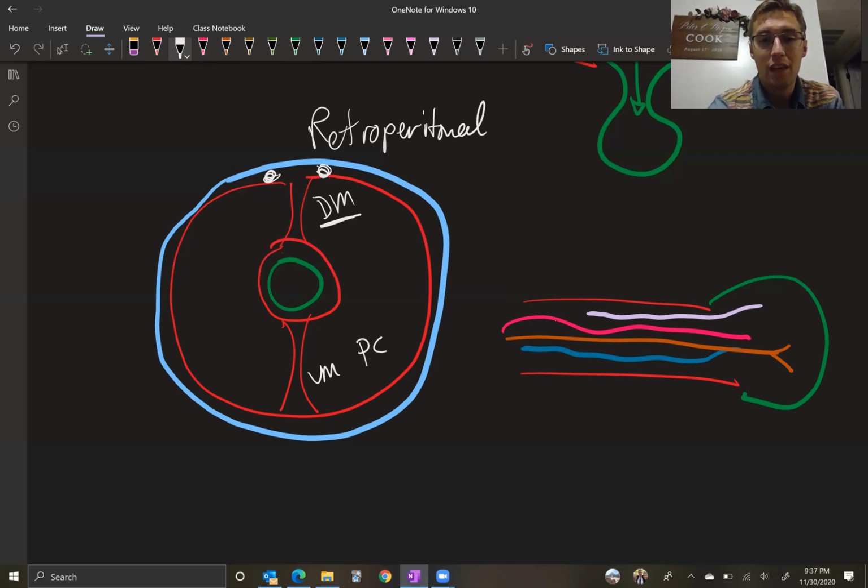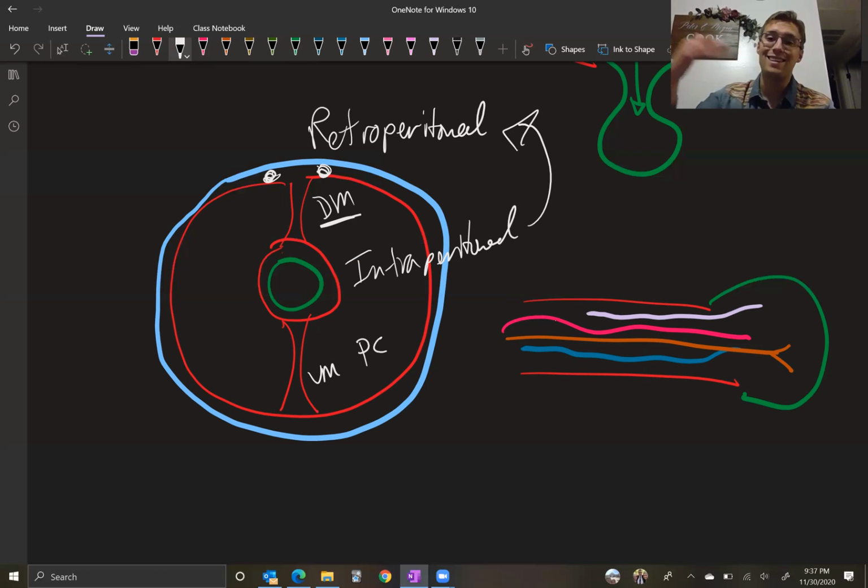Anything that forms in here in the gut tube and stays in the gut tube is going to be intraperitoneal. And anything that forms in the gut tube and moves to the dorsal body wall is going to be secondarily retroperitoneal. So just keep that in the back of your mind as we're going forward. There's going to be some things we talk about that will be really, really important to know.